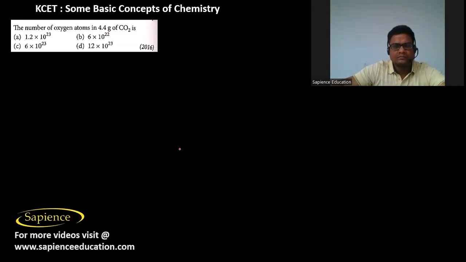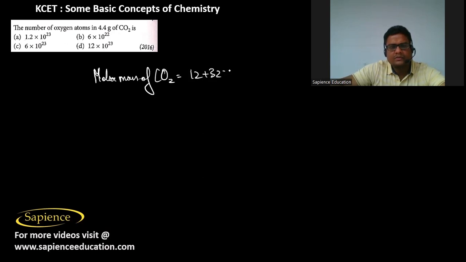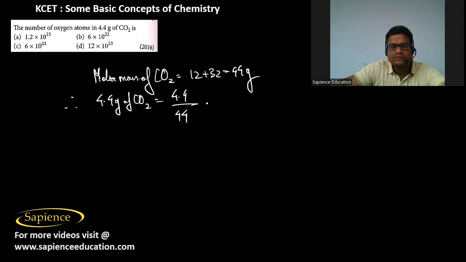Okay, so here it has been told: the number of oxygen atoms in 4.4 gram of CO2 is. So the molar mass of CO2 is 12 plus 32, that is equal to 44 gram. So now, 4.4 gram of CO2 means that we have 4.4 divided by 44, given mass by molar mass, that will give you the number of moles.